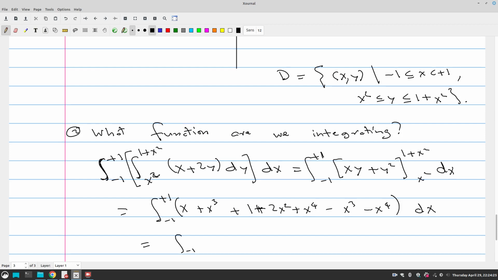The x to the 4th powers cancel and the x cubed terms cancel, so we're left with the integral of 2x squared plus x plus 1 dx, and once you integrate this you end up with 2 over 3 x cubed plus half x squared plus x, which you evaluate with the limits minus 1 to 1.